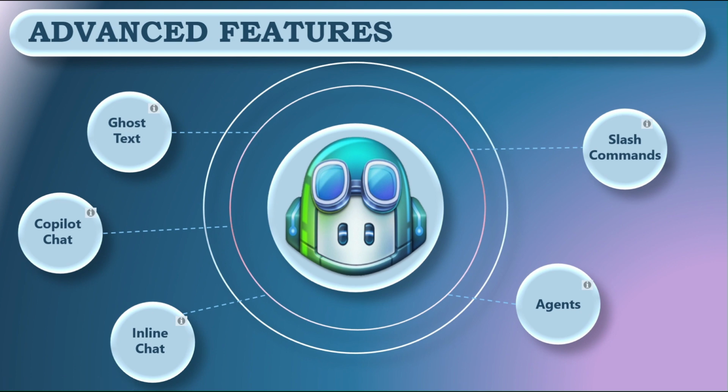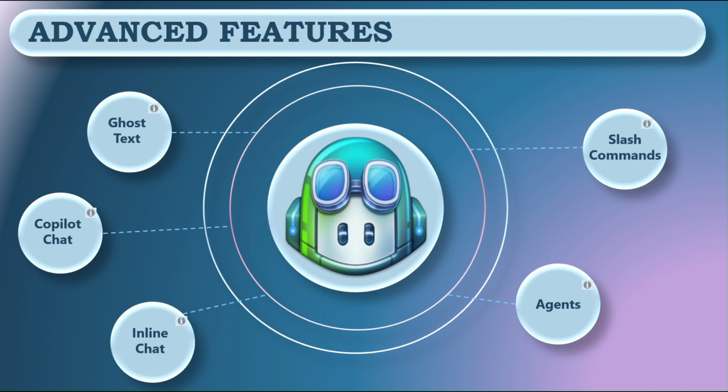So, agents allow you to ask questions using a specific context. For example, @terminal agent helps you chat with GitHub Copilot to interact with the terminal. Another agent is Workspace, which is aware of your entire workspace. It allows you to ask questions about the entire project.